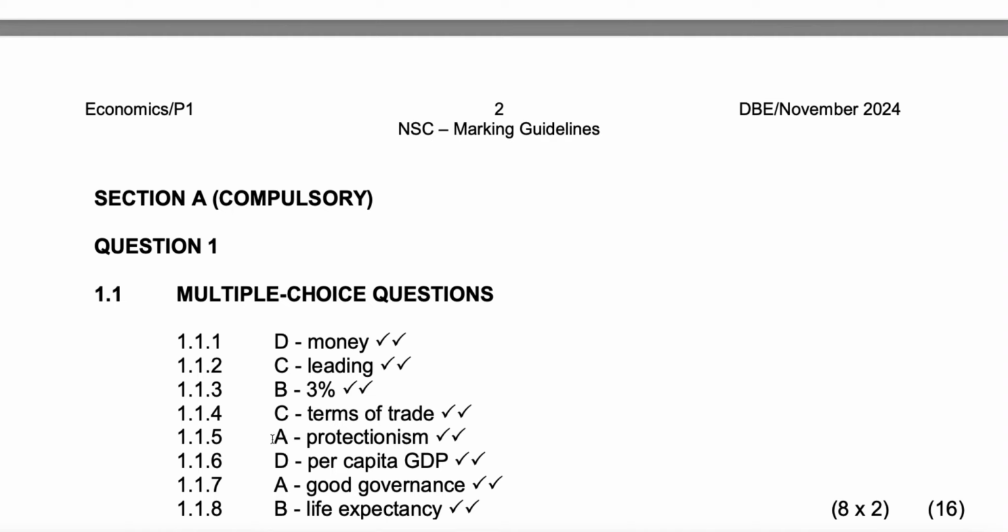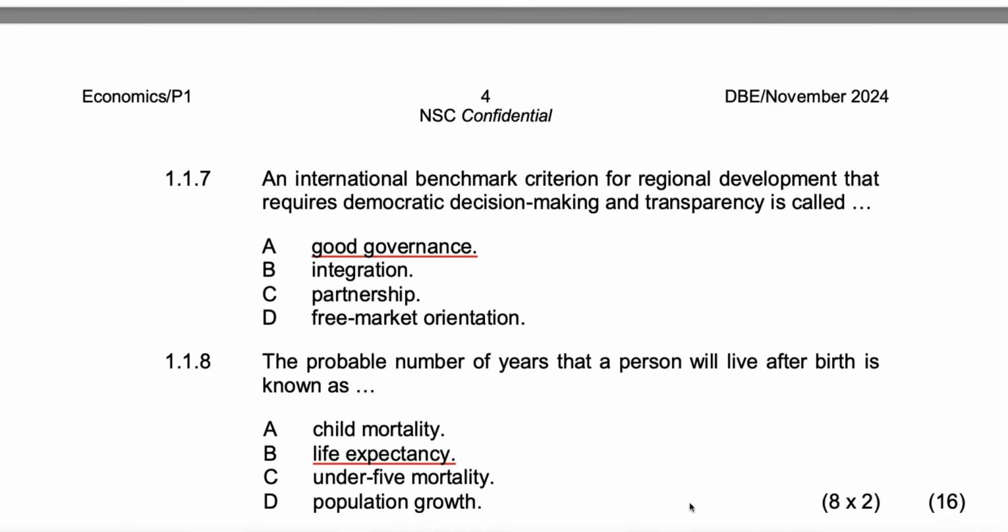So you see we have D. So D is out. We have C is out. We have B is out. And remember, you had answered number 5. We have A. So the other A is missing. So then it will tell you it's good governance. So basically, that's what I meant, that you should make use of this.